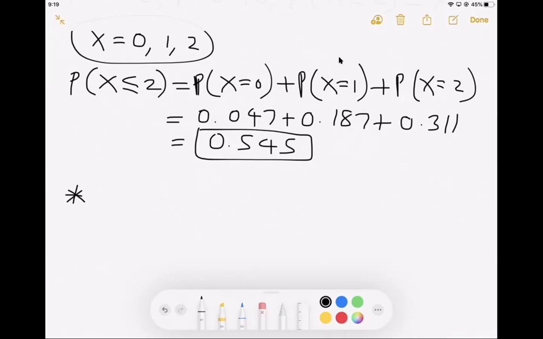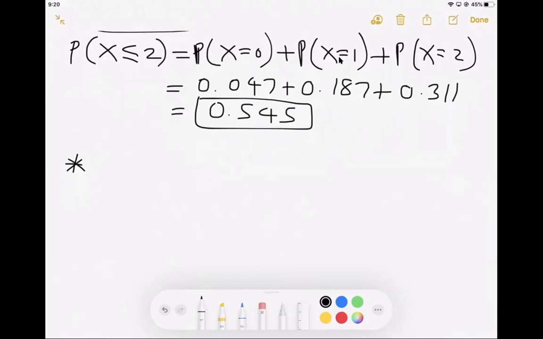First, the exam has 8 questions, so n is 8. Then it is a true-false exam, so true is success and false is failure. Each question has two choices, so the probability of success, getting the true answer, is half.